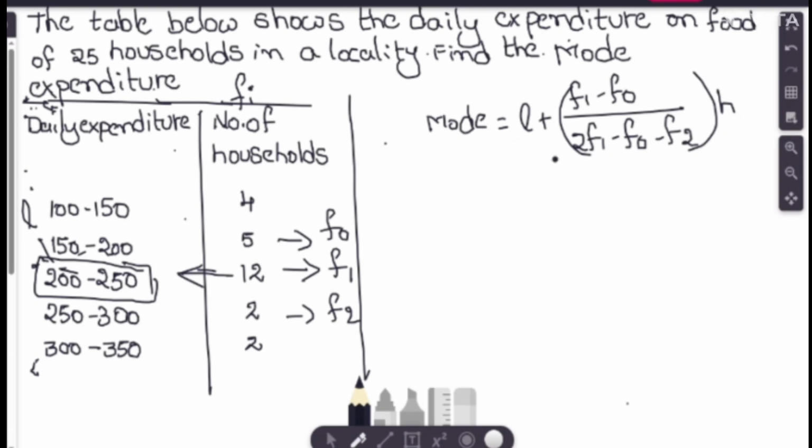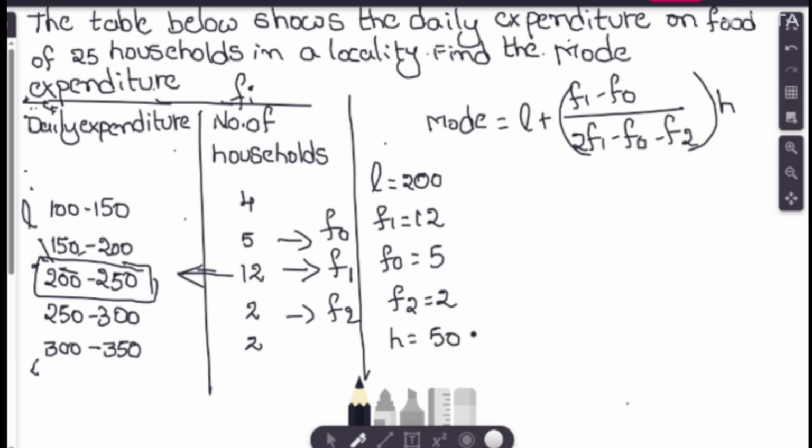We know every value here. Modal class interval is 200 to 250. L value 200. F1 value 12. F0 value 5. F2 value 2. Class size we know is 50.